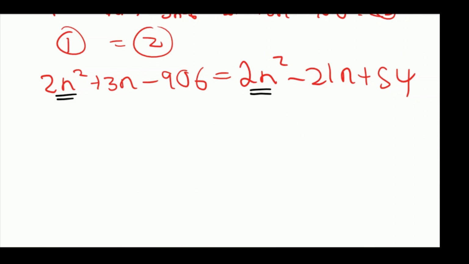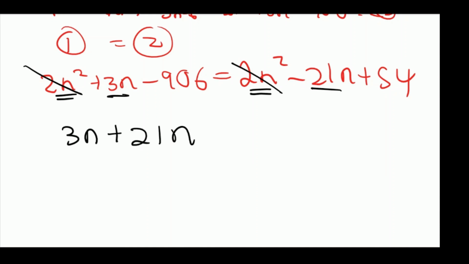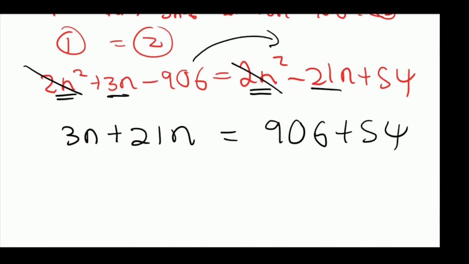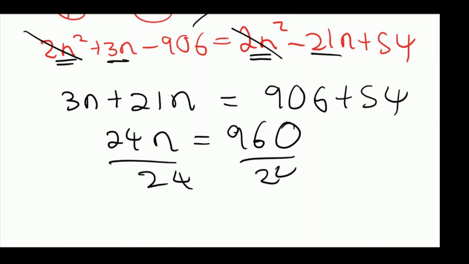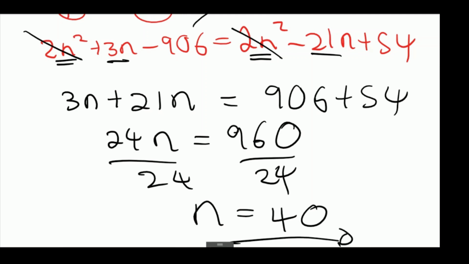If it's transposed to the other side, it's going to be negative, so they're going to cancel out. Then you collect these like terms here, so you transpose the minus 21n to the other side, you have 3n plus 21n, and then you transpose this 906 to the other side, so you have equals 906 plus 54. And then if you add these two, you're going to get 24n is equal to 960. Then you divide by 24 both sides, you have n is equal to 40. So these are your number of terms.